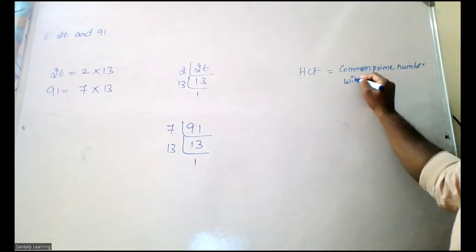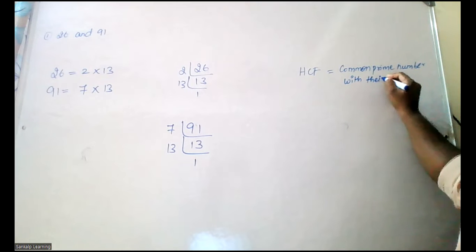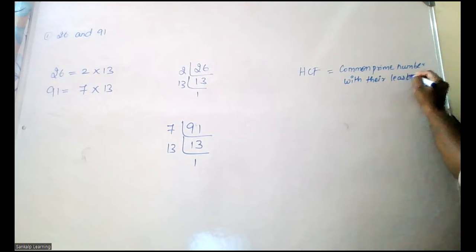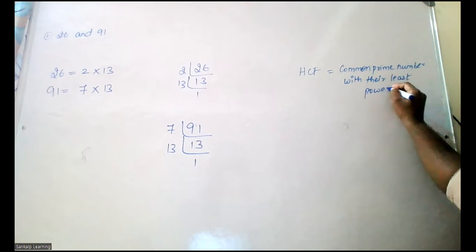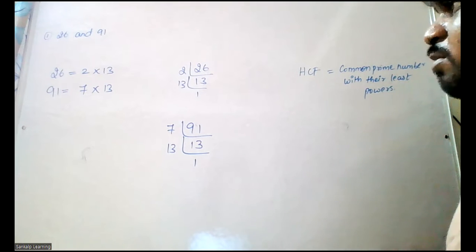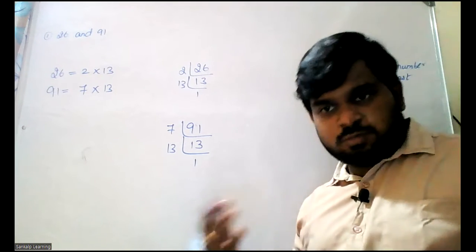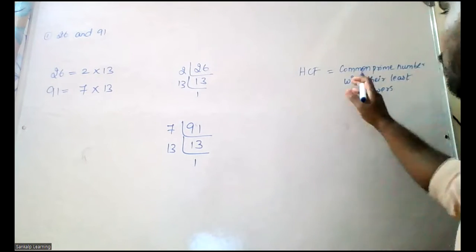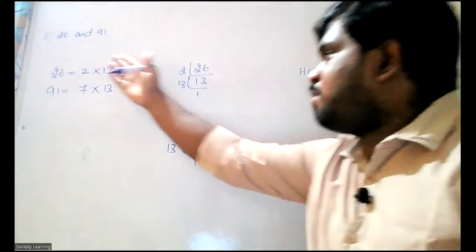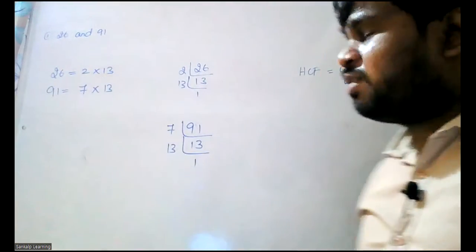with their least powers. In this example there is no problem. Let's look into different problems, you will understand what I mean by least powers. Actually there is no power, there is only power 1 for everything.